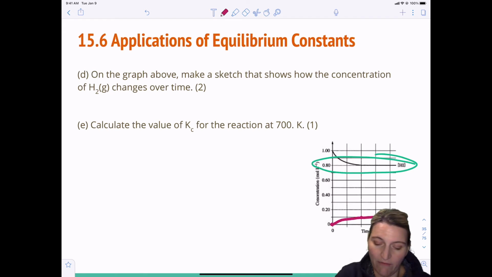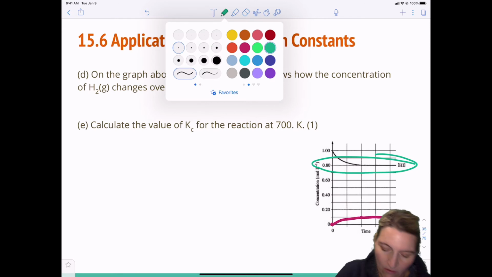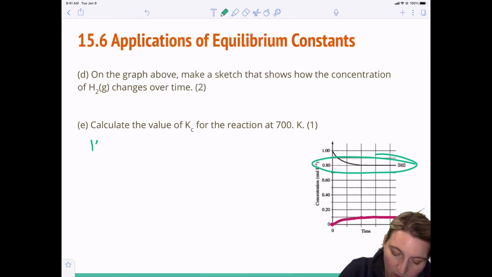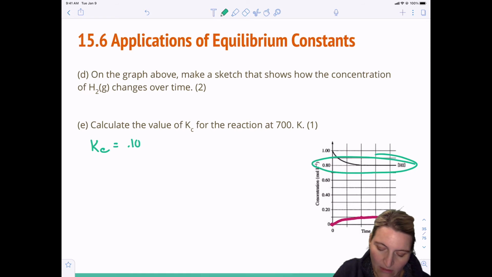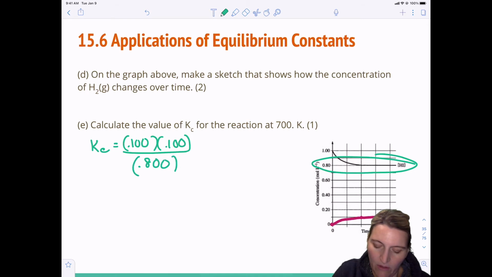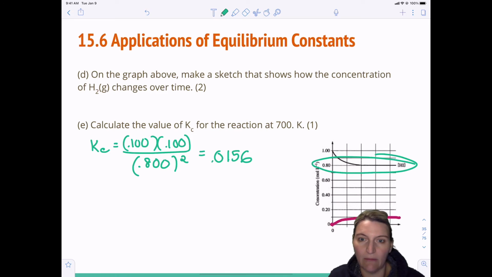And then calculate the value of Kc. So all we need to do is plug in the values that we had previously found. So 0.100 times 0.100 over 0.800 squared, and that comes out to be 0.0156.